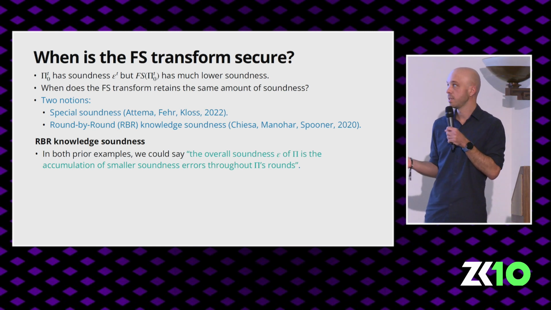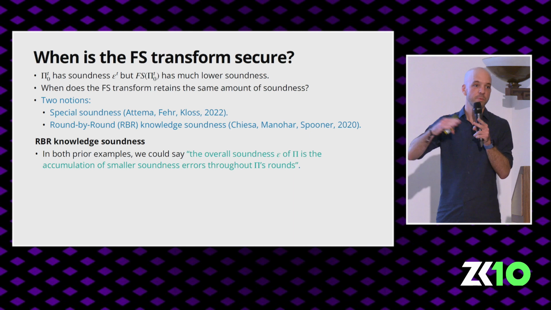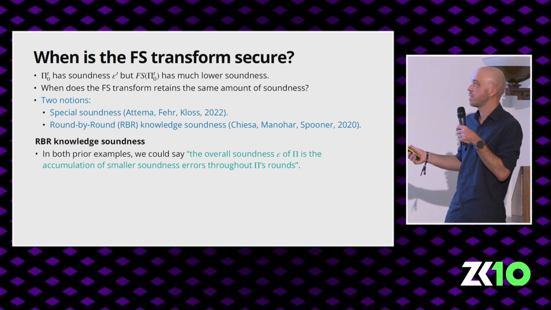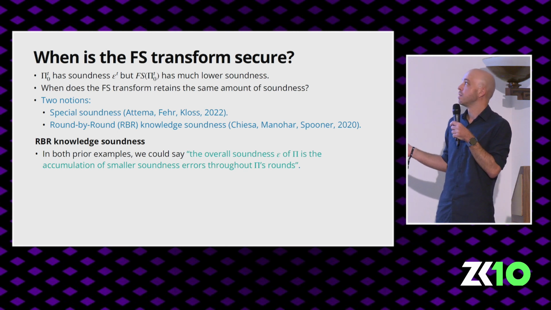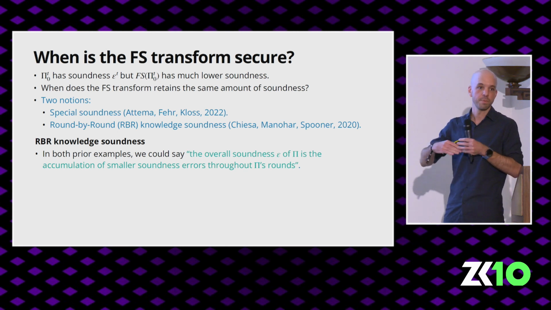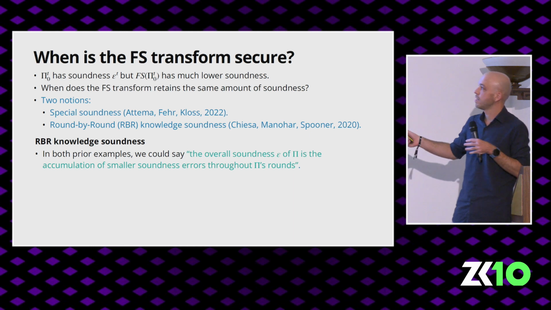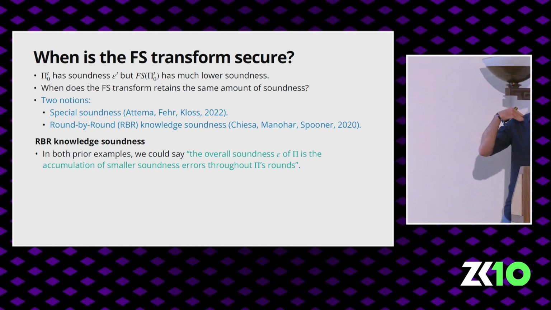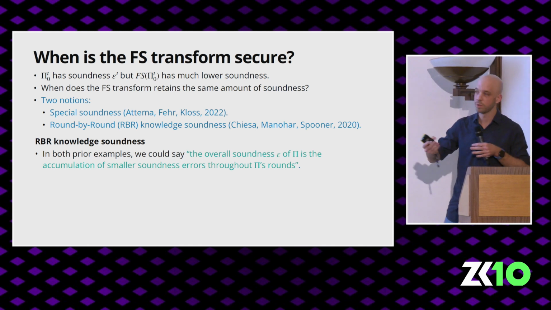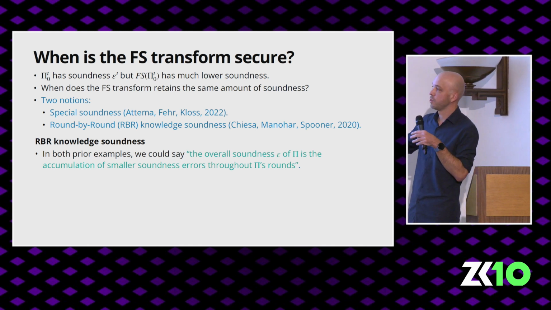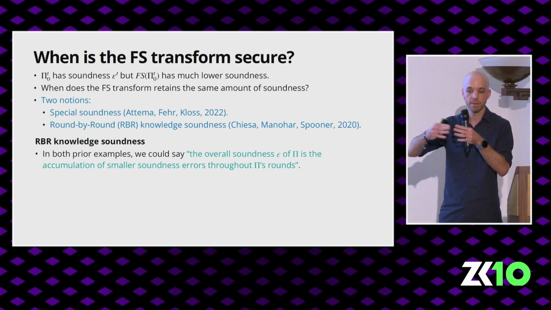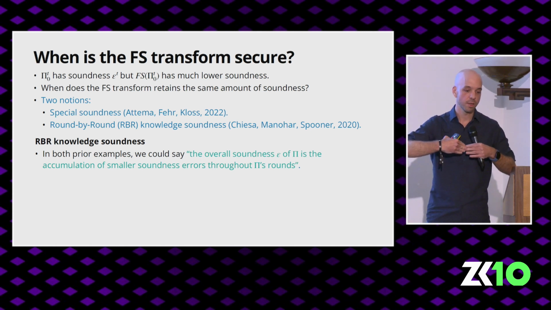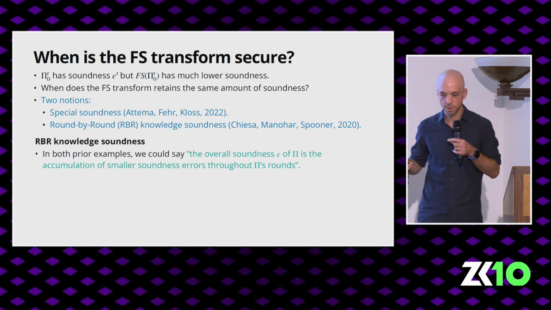So in the example of parallel repetition and sequential repetition, you could say, intuitively speaking, that the overall soundness of the big protocol is the accumulation of smaller checks made during this big protocol. So it's like you are making several checks, and the final soundness in the interactive version is the conjunction of all this soundness.